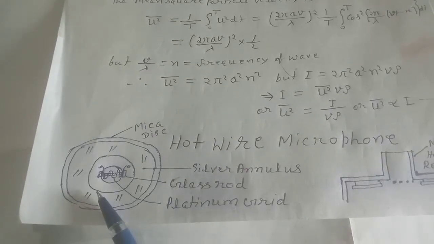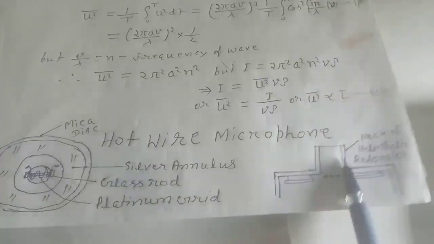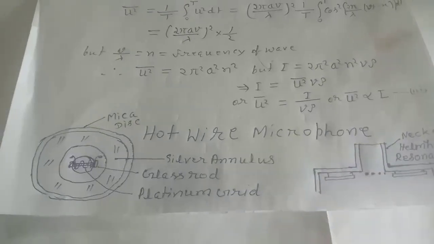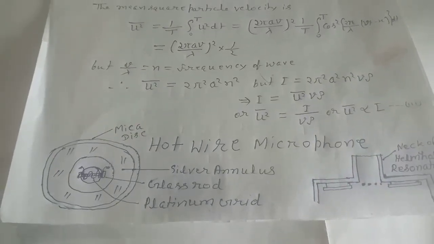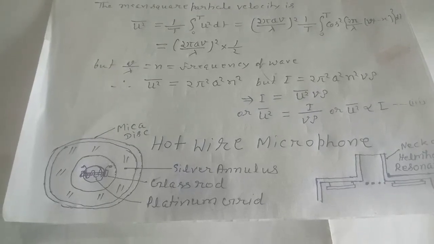Now this arrangement is mounted in the neck of a Helmholtz resonator. This is Helmholtz resonator, and this is the neck of a Helmholtz resonator, which is placed in an arm of Wheatstone bridge.